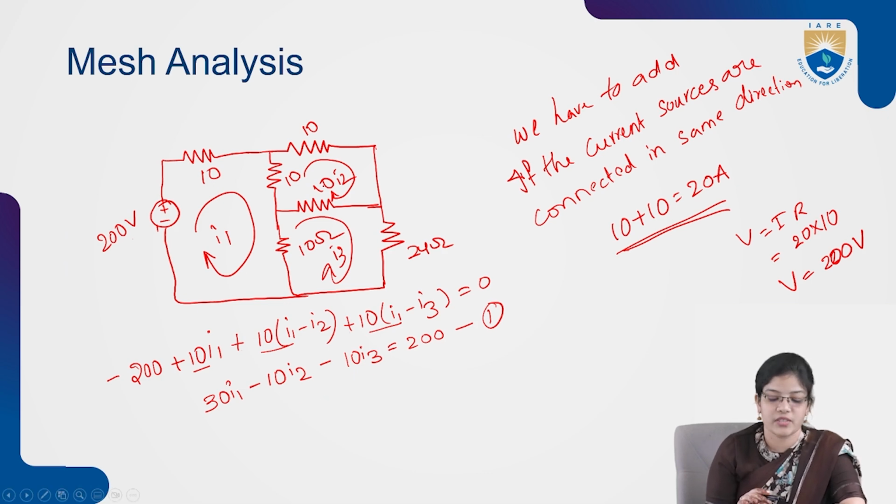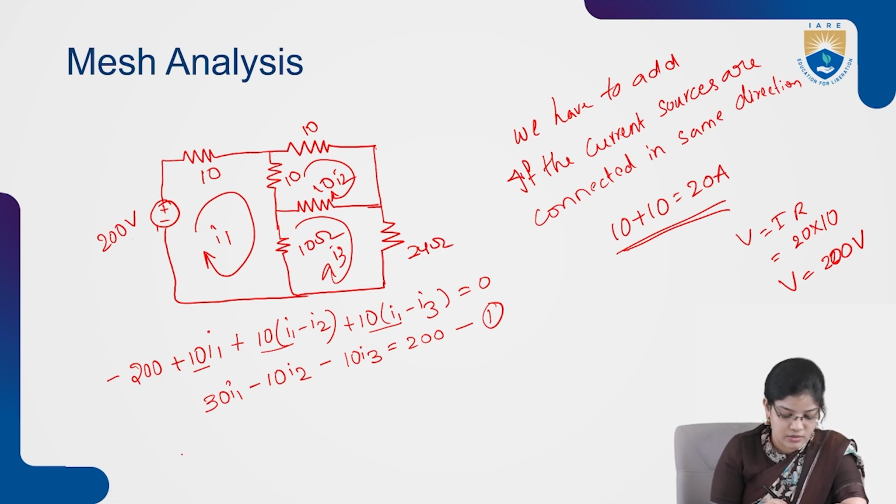And then if we move to the second mesh, 10 of I1 and I2 is connected. As we are considering the mesh 2, it will be taken as I2 minus I1. For the next element, it will be taken as 10 of I2.